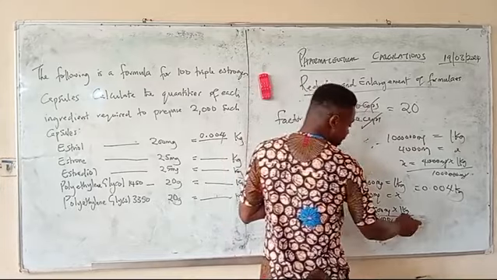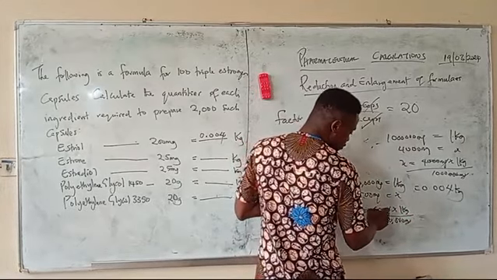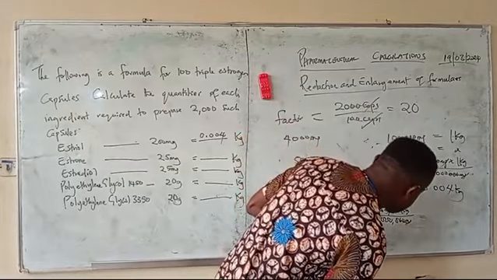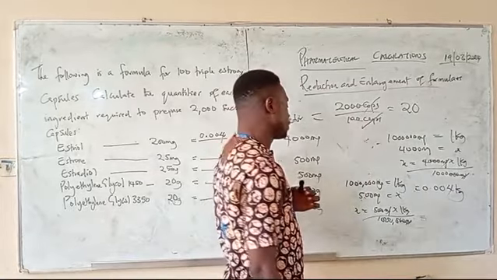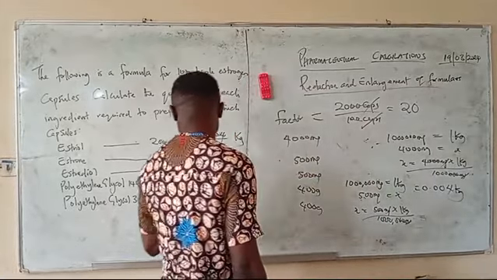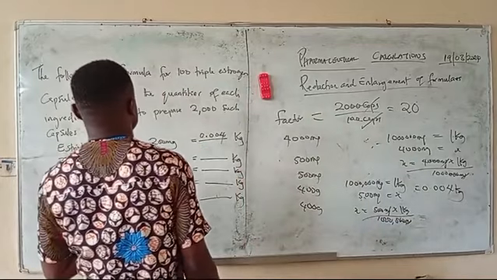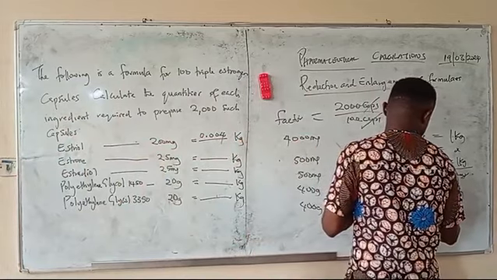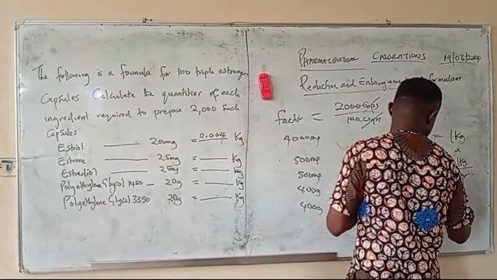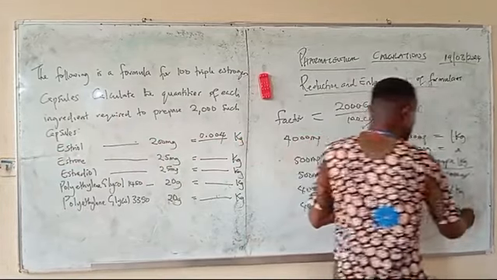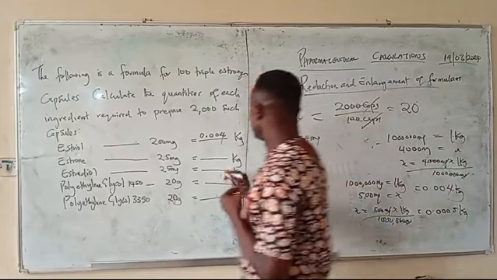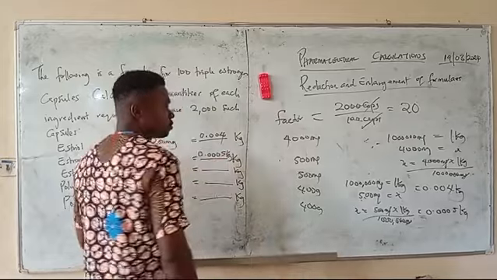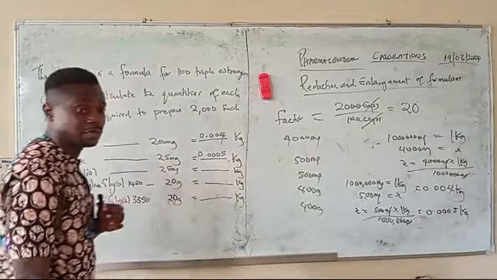Are we together? Milligram cancels milligram. The zeros cancel, so we have 5 over 10,000. 5 over 10,000 is 0.0005 kilogram. You leave it here as 0.0005 kilogram. Are we together?